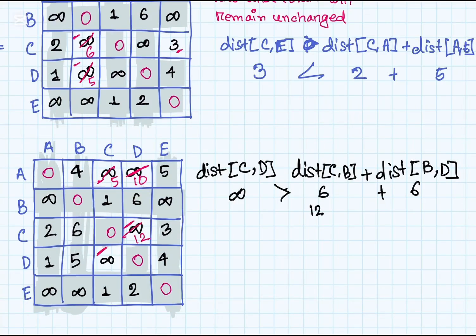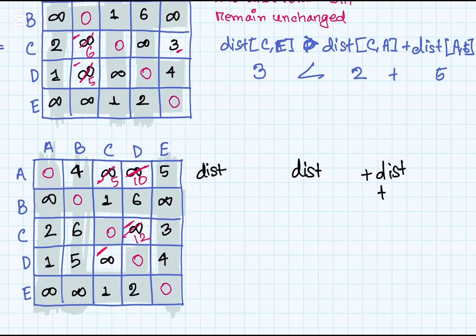For this cell, we will calculate the whole thing again. Distance of D to C. So distance of D to B, then distance of B to C. Value here is infinity.